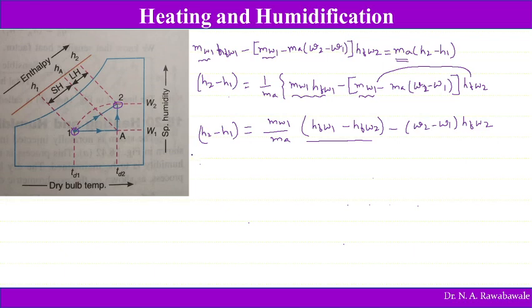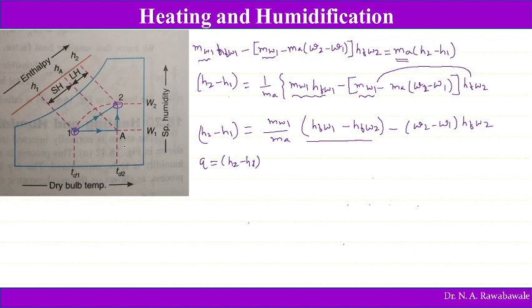So the increase in enthalpy is nothing but the amount of heat transfer. Now this total heat transfer Q is given by H2 minus H1, the increase in enthalpy of air.